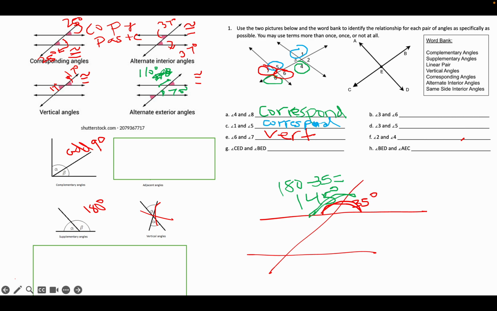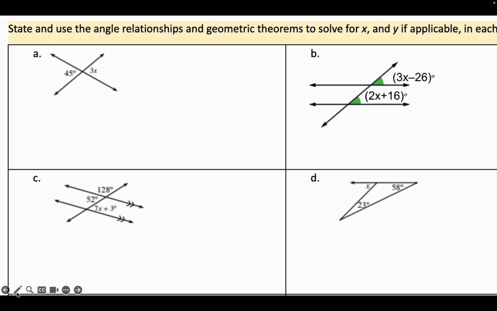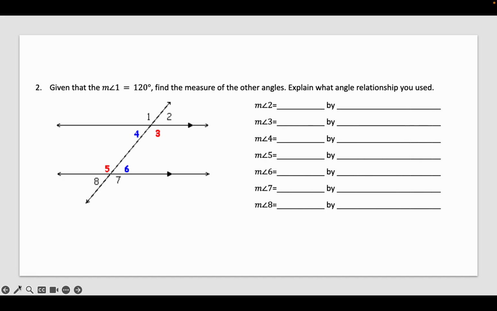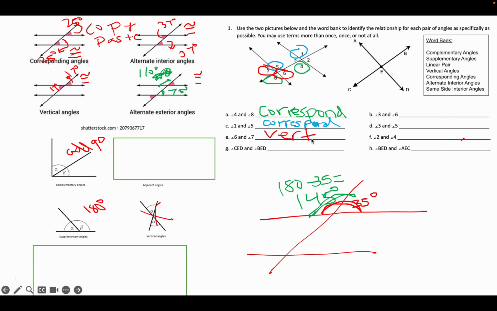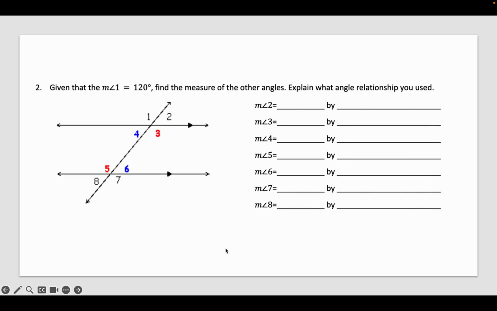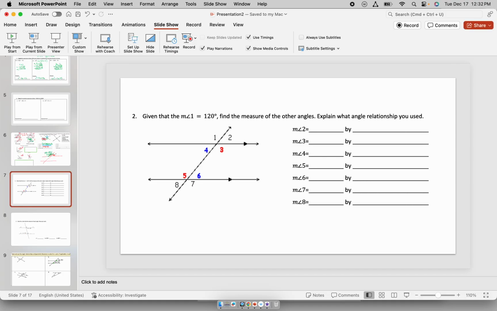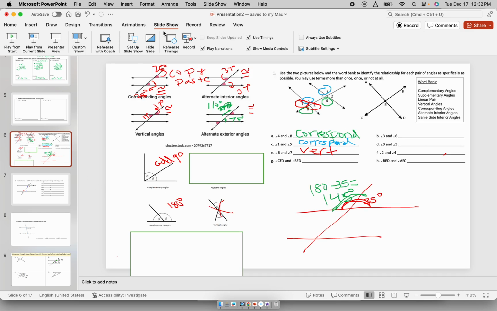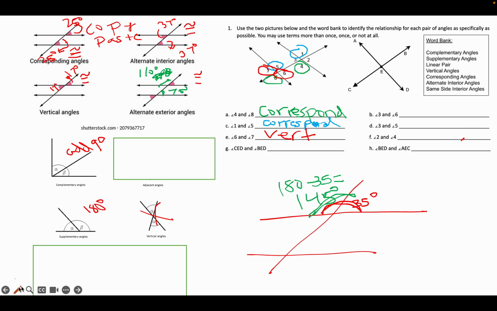I need a different color. Okay, well, my new colors are not working, so we're going to try this again. Bear with me. Why do I have two mouses?